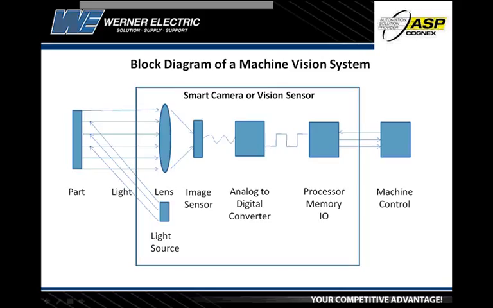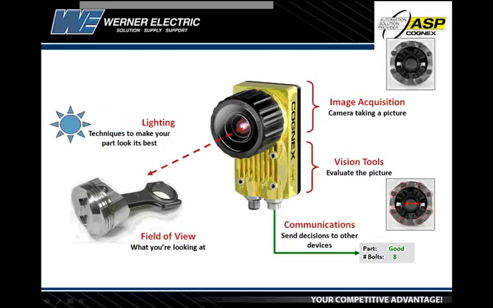So, as you might imagine, these systems tend to be less expensive, and one of the other major benefits of the smart camera is that it's not running a full commercial operating system. It's just running an embedded OS, and so they're very rugged and reliable, both mechanically because there are no moving parts, and from an electronics and software perspective because they're a closed operating system, no viruses, no bugs.